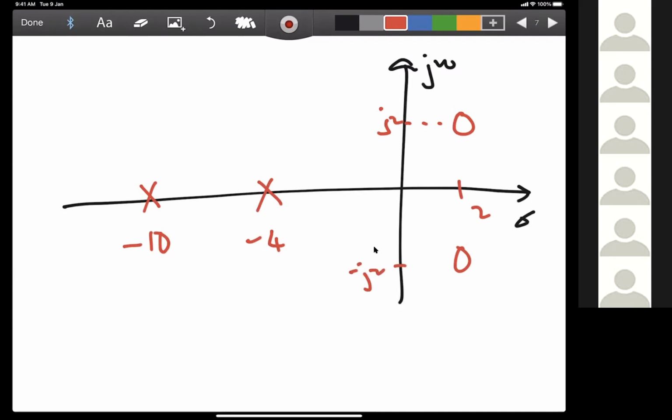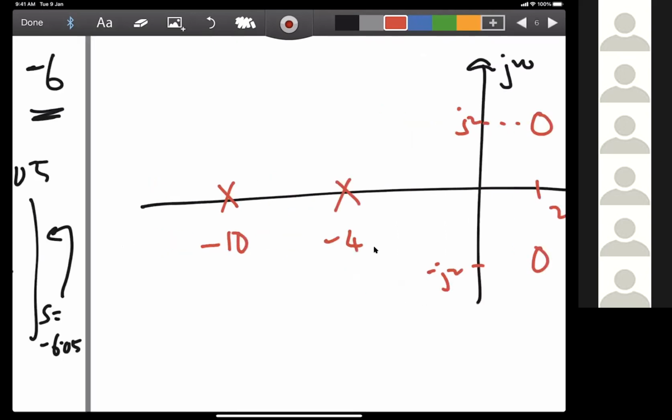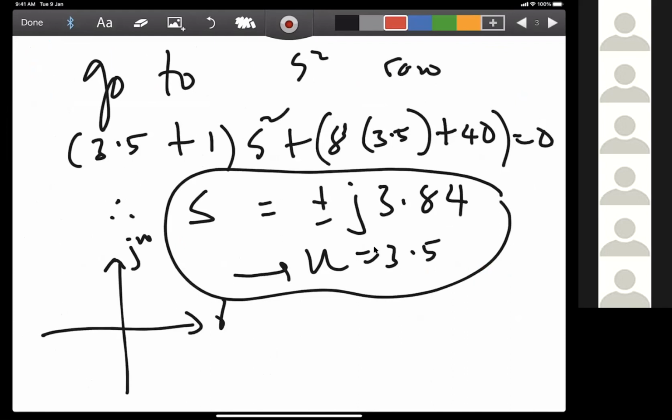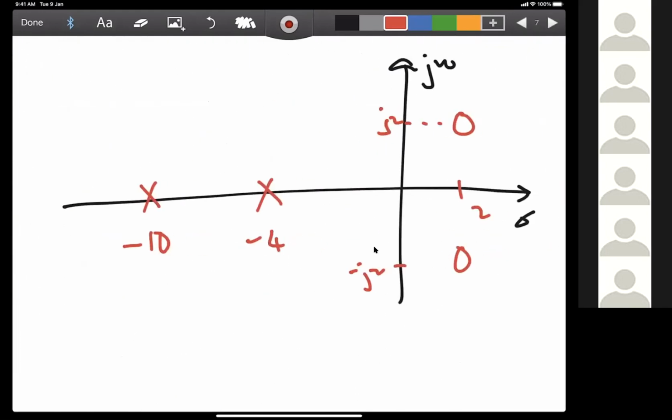And then based on calculation number 1, 3.84 is somewhere here. And then what else?